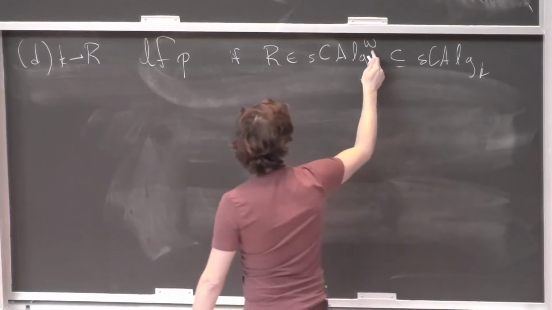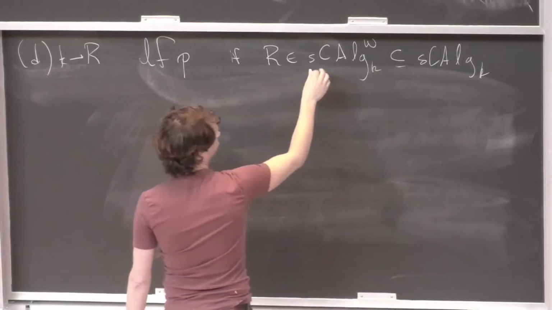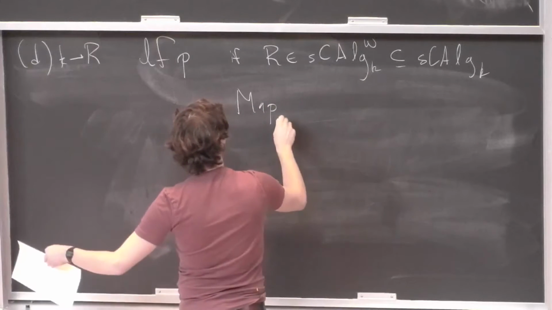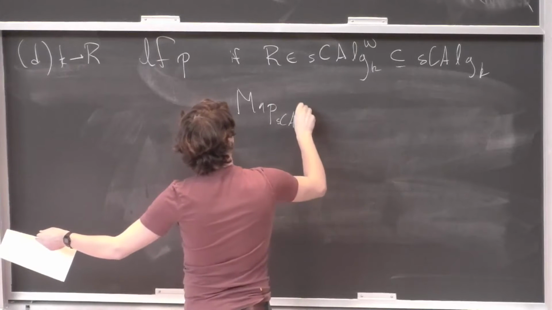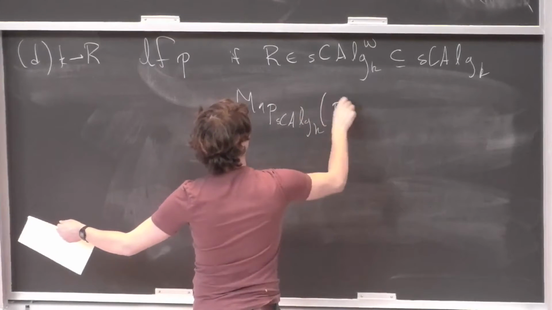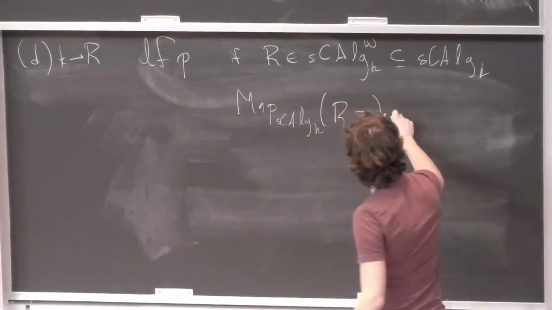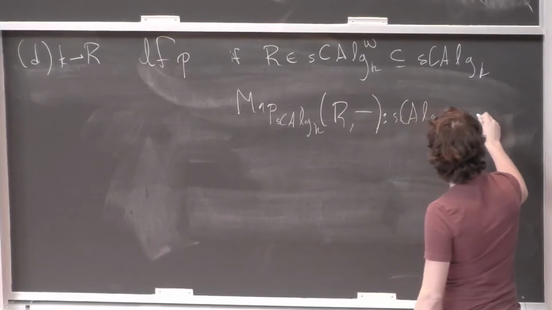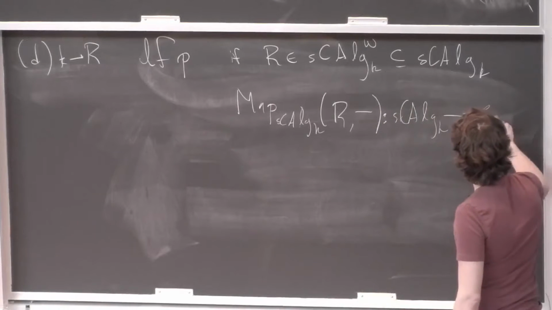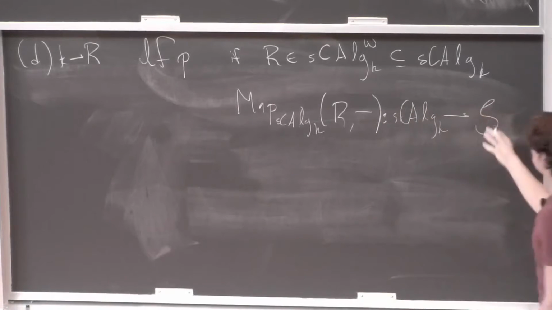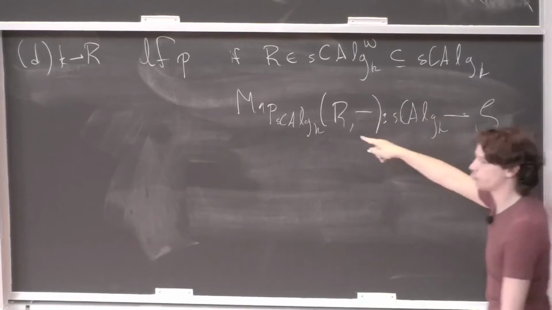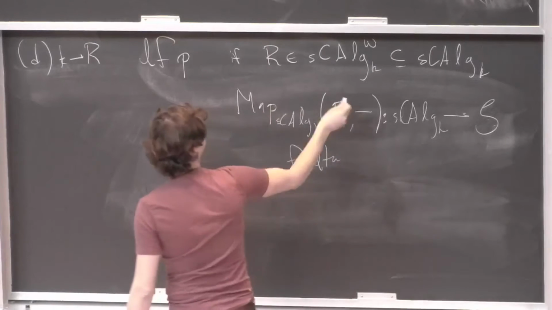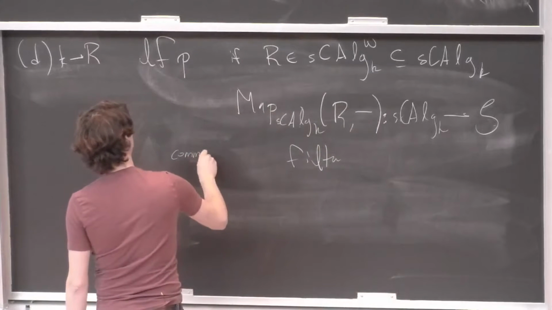These are the objects where if I take this mapping space, this gives me a functor from simplicial commutative K algebras to simplicial sets, or to spaces. Let me just say spaces, the homotopy theory of spaces. And I want this functor to commute with filtered colimits.